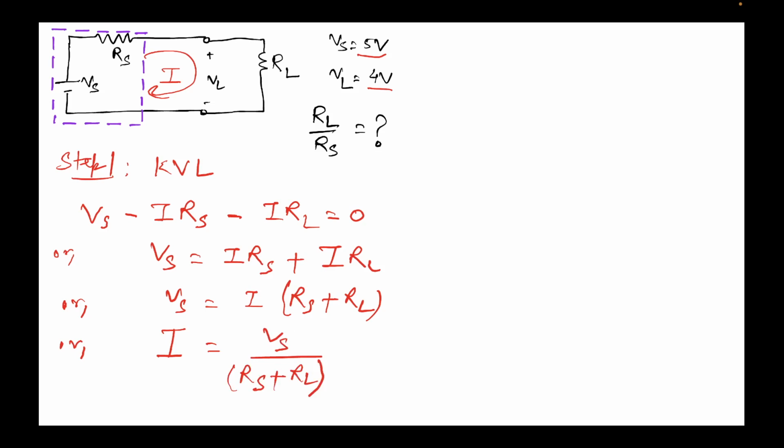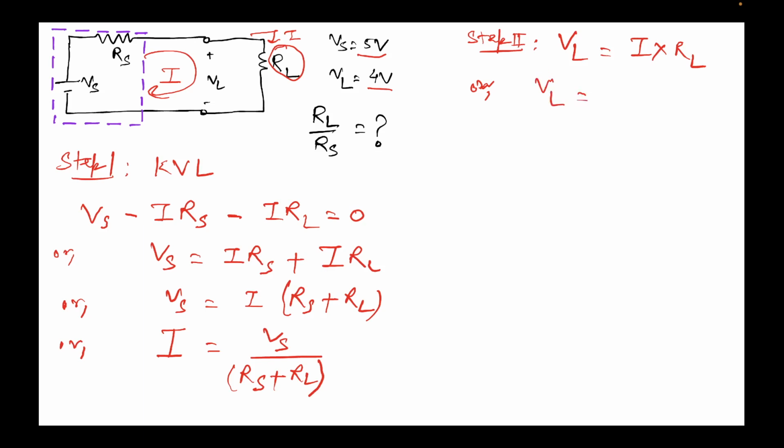Now, as a second step, we'll apply Ohm's law across the load resistor. We can write the voltage measured across the load resistor VL equal to the current flowing through the load resistor, which is nothing but I, times the resistance value, which is RL. Now we'll put the expression of current that we obtained earlier in this expression.